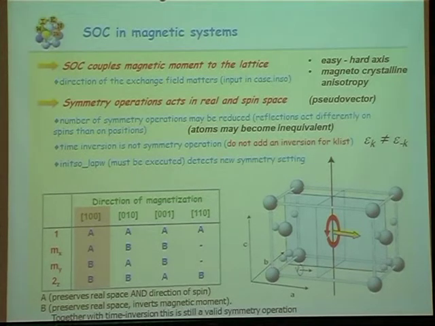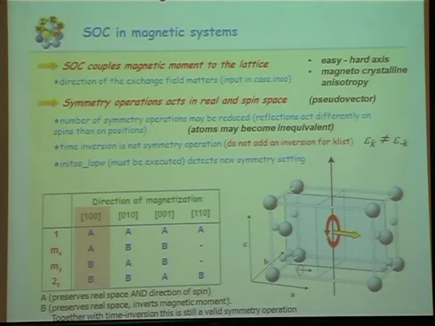Okay? The consequence is that the number of symmetry operations can really change. The simplest and most obvious example is a cubic crystal. Take cubic BCC iron. How many symmetry operations do we have in this space group? What's the maximum you can have? 48 symmetry operations, right. It's cubic symmetry: 48 rotations, reflections and inversions, so that's the maximum.